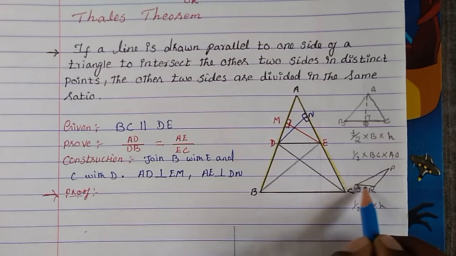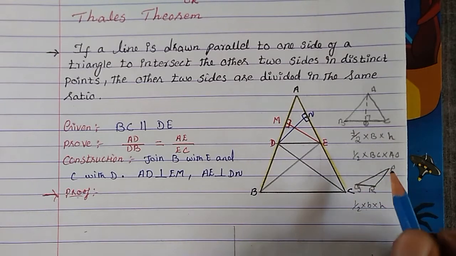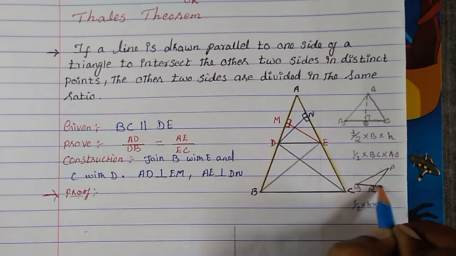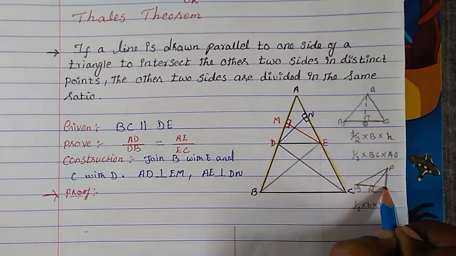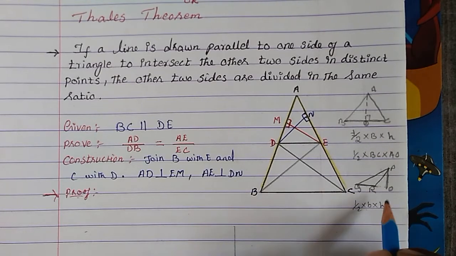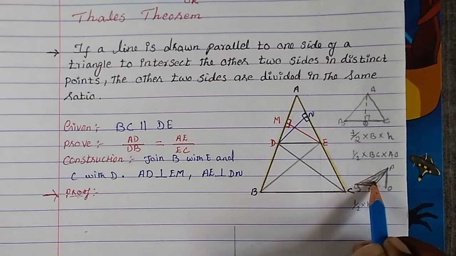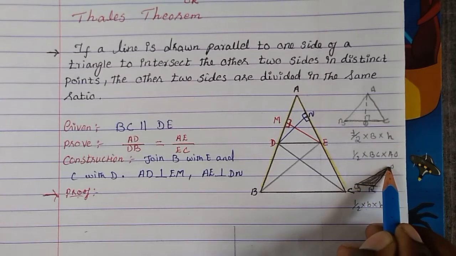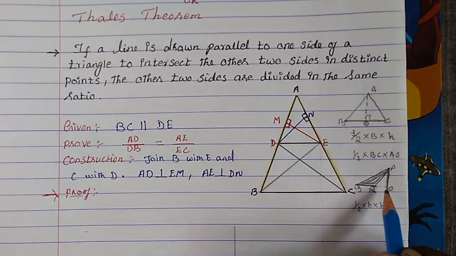Half we know, base we know, that is QR, but here there is no height. So for the base we will draw the height from here. You understand? If this triangle has no height inside, then we can take it from the outside also and calculate the height.